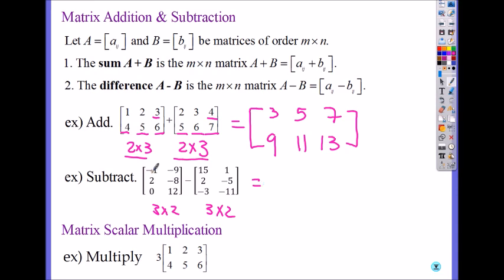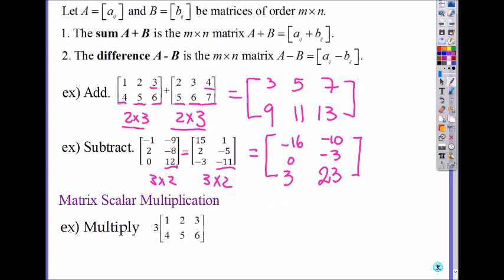Subtraction: negative 1 minus 15, negative 16, 9 minus 1, negative 10, 2 minus 2, 0, negative 8 minus negative 5, negative 3, 0 minus negative 3 is 3, 12 minus negative 11 is plus 11, so you get 23. Yeah, 23. Good. So try the next one.